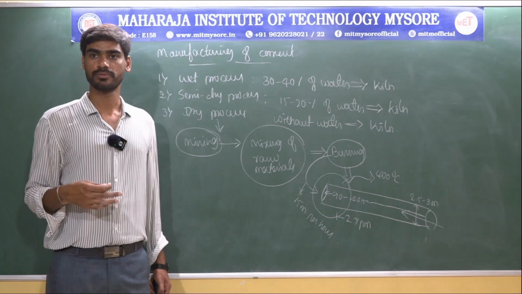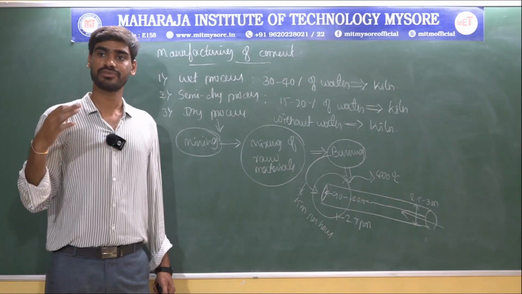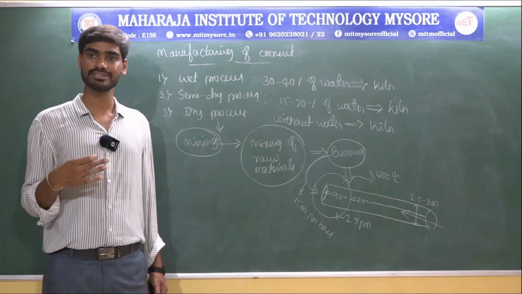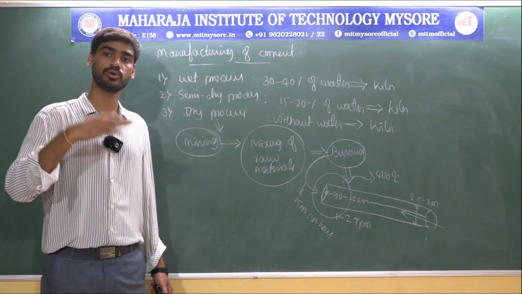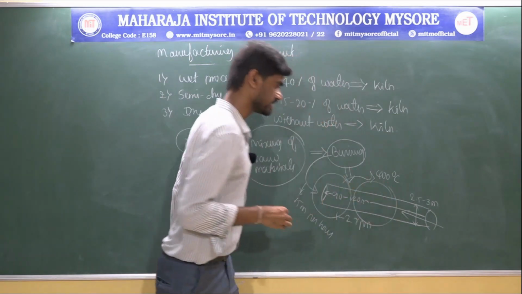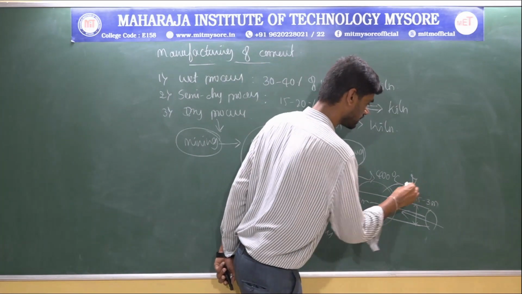That's why it is also called the drying zone, right? And the decomposition of limestone occurs in the calcination zone, I mean the center region, where the temperature is about 1000 degrees centigrade. So in this region, what happens?